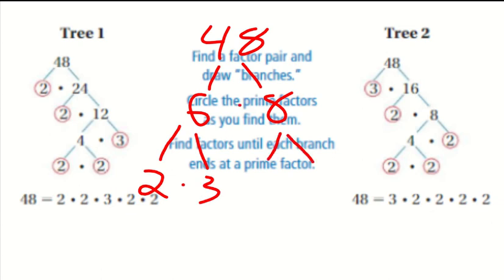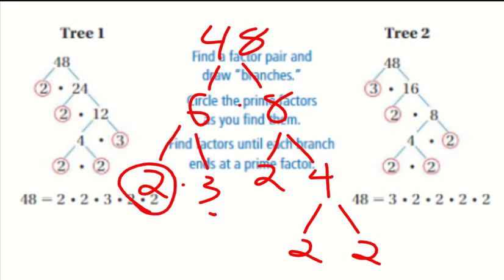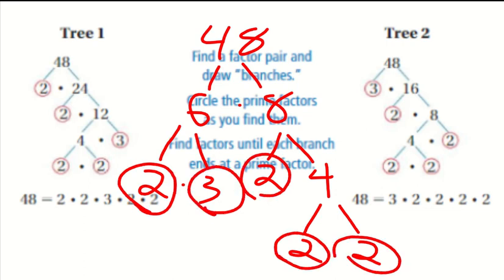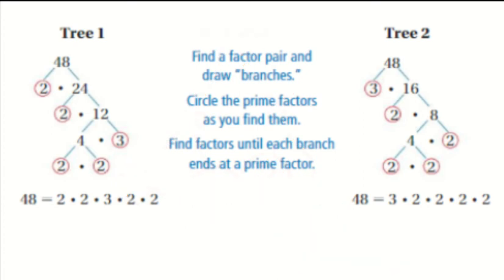To make 8, that's 2 times 4. To make 4, 2 times 2. And then the ones at the end, they have them circled. So same idea. I've got 3 and 2, 2, 2 circled. Well, that's exactly what they have as well, just a different order on how it broke down. That makes sense?